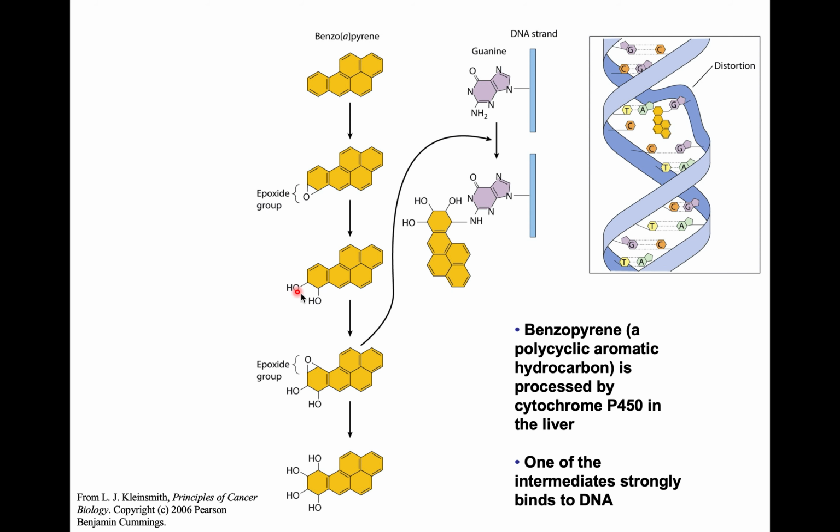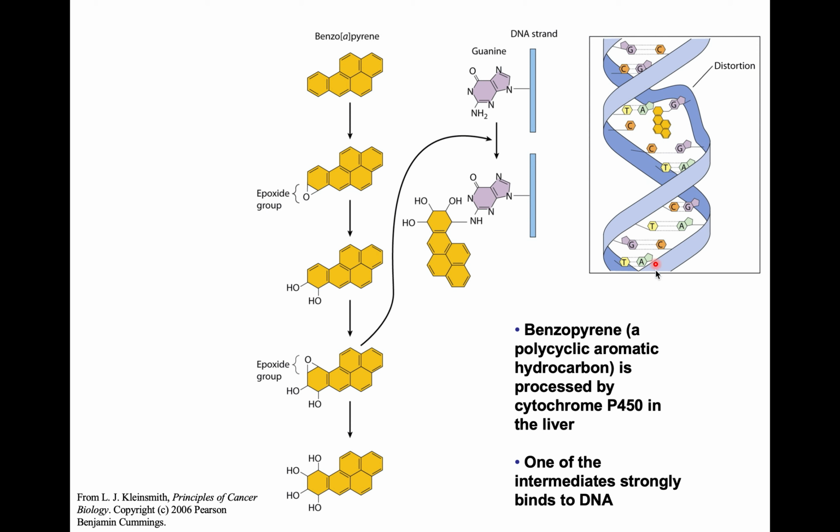You can see where cytochrome P450 is adding multiple hydroxyl groups to that molecule. But one of these intermediates, this guy here, which has this epoxide group, it's called, is very electrophilic and will bind very tightly to nitrogenous bases, guanine in this instance. And when that happens, that binding is then going to distort the double helix.